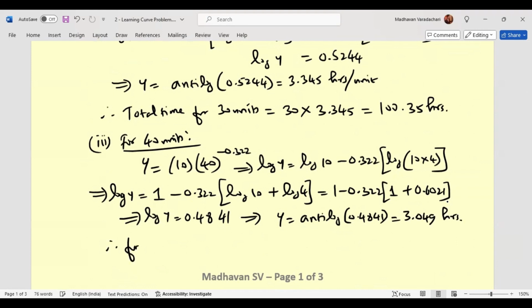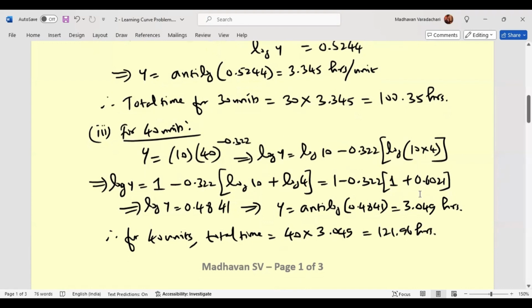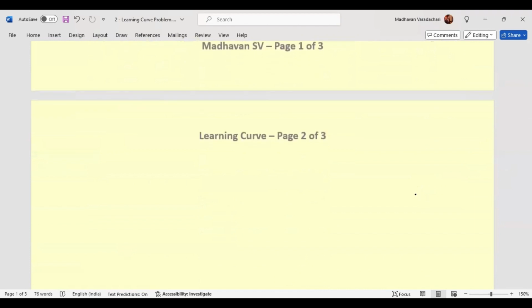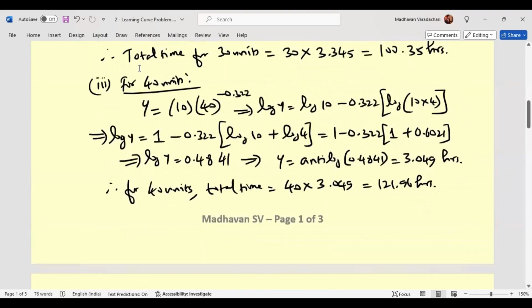Therefore, for 40 units, total time will be 40 multiplied by 3.049. That will give us 121.96 hours. This is for 40 units. So based on this, we can calculate the time for 31 to 40 units, which will be this minus this.